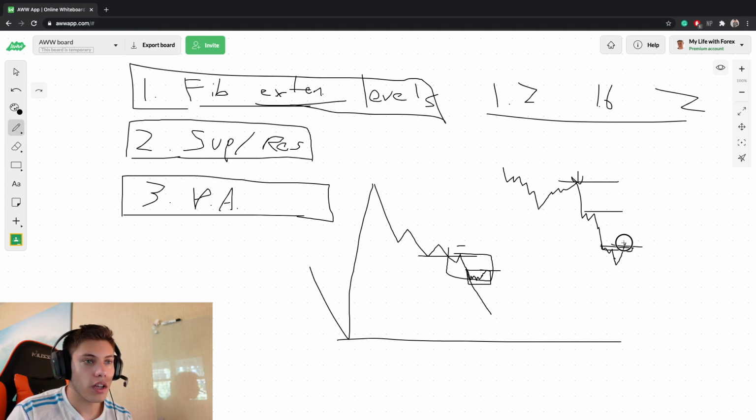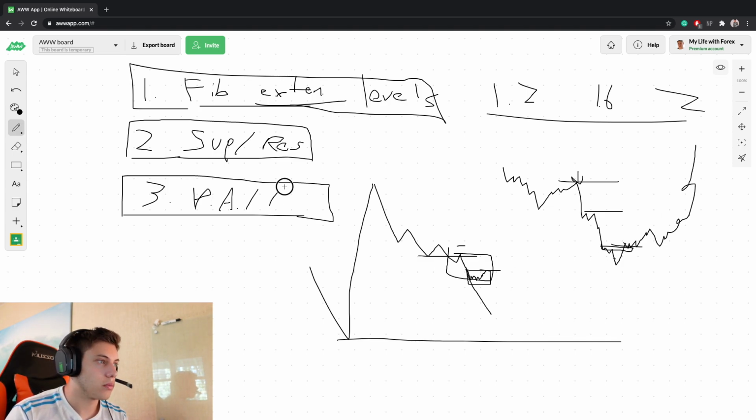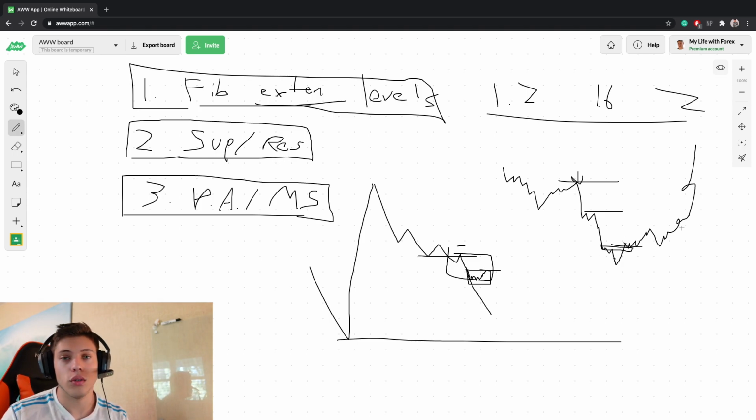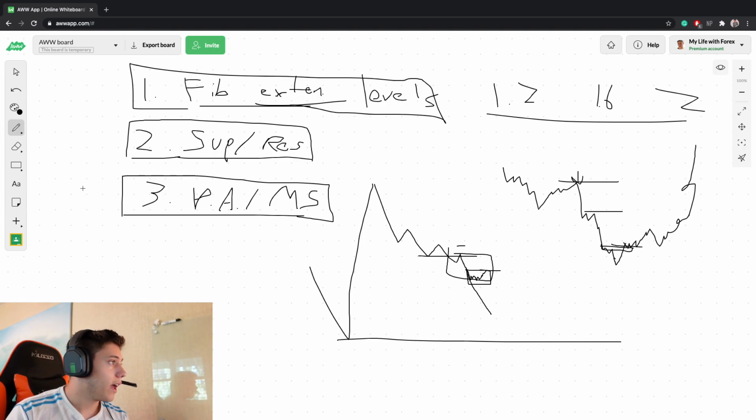And it's possible this thing could then go like that and go like that and go like that. So you could do it with price action and market structure on a lower time frame. Again, you could be taking the trade on a higher time frame, but based on the lower time frame price action, you get out of the trade, and that's how you exit. So that is another way you could do it.